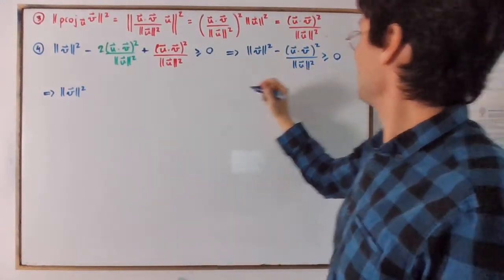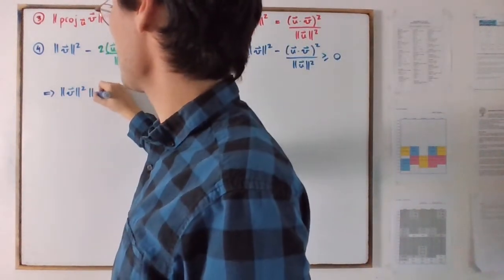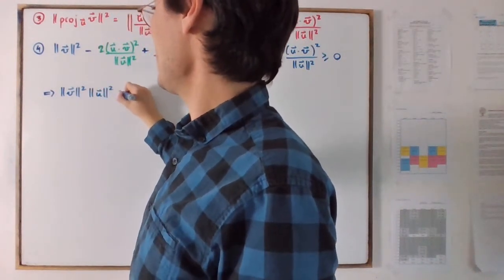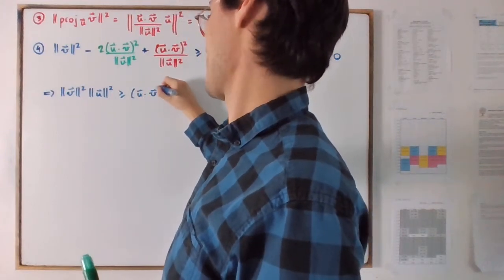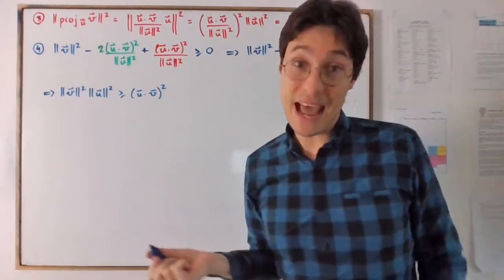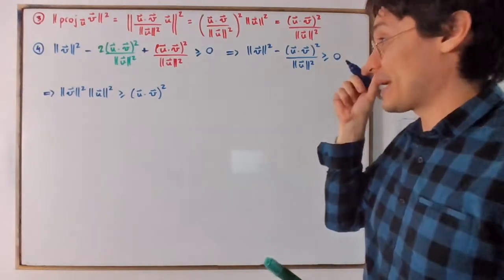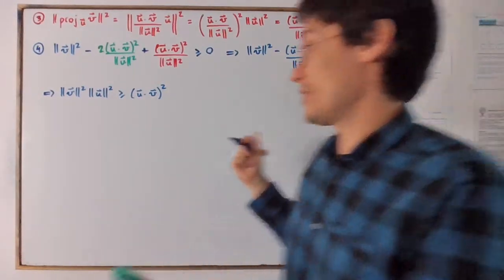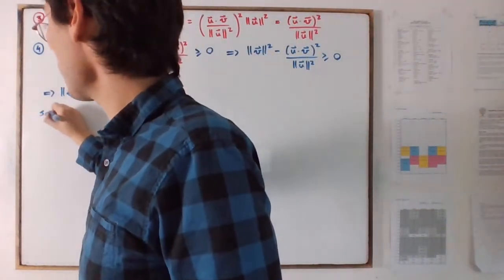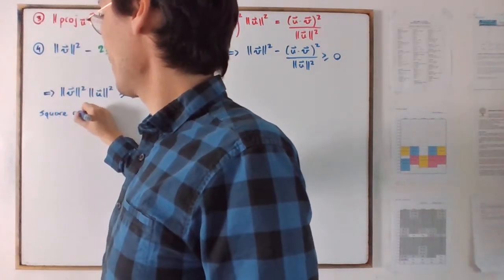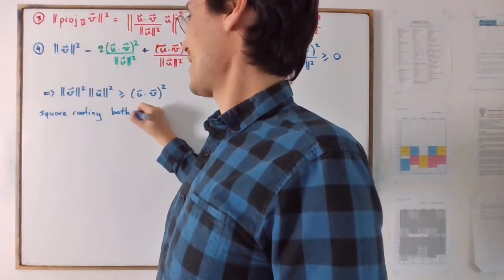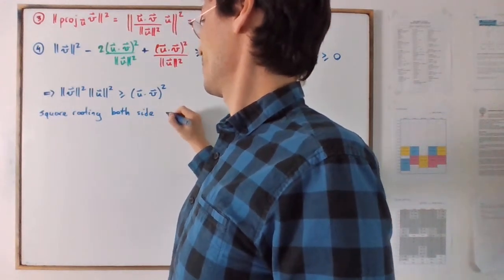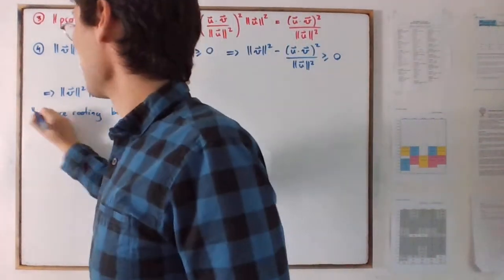We can say that v squared times the norm of u squared is greater or equal than u dot v squared. And then as you take the square root, so square rooting both sides, like I will put this in quotation.